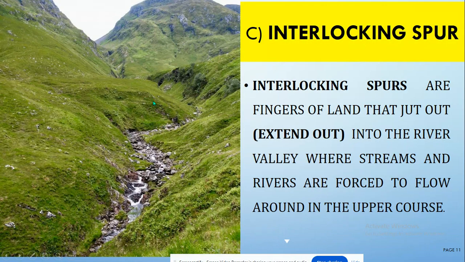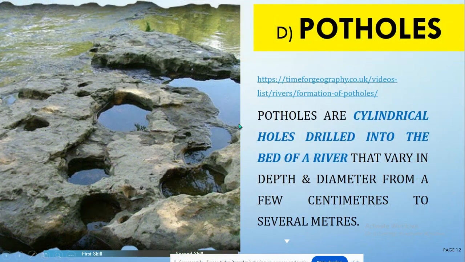These are banks of the river, but now they are land, like fingers of land, where they seem to be interconnected. So these features are called interlocking spurs. They are locking to each other. Next, we have potholes.